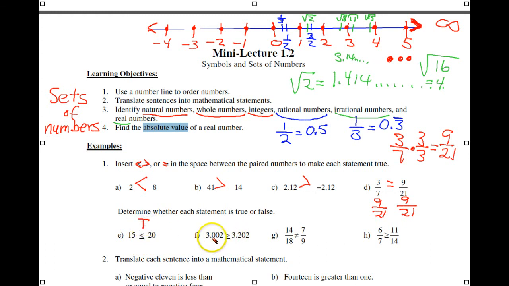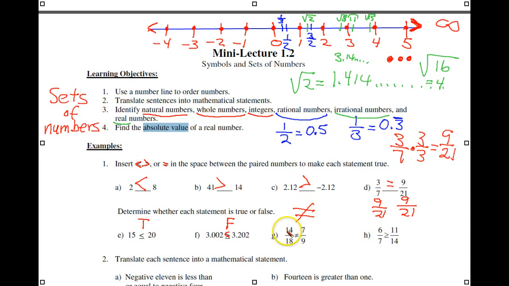Now here we have a decimal. So here it's 3.2, this is 3.0. So this is not greater and it's not equal. So this is going to be false. This side, if it was this way, it'd have been true, but it wasn't that way. Now, another use of the equal sign, when we have a slash through it, is read as not equal.